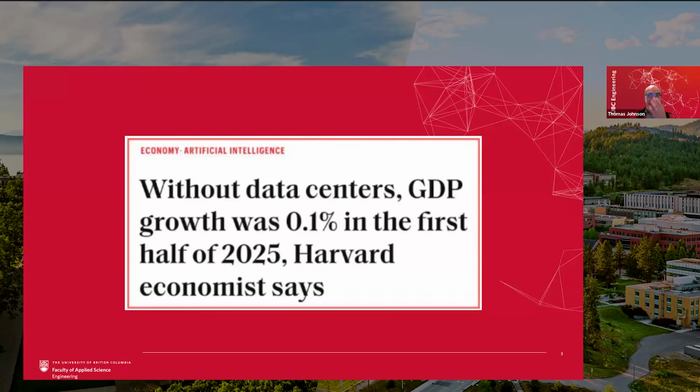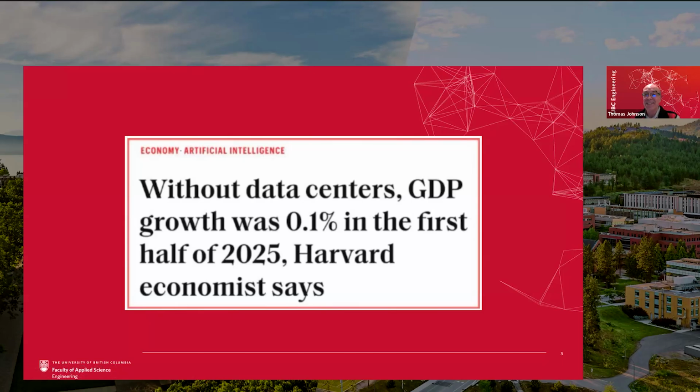More recently, here's another news clip that Sudeep found that related to the GDP of the United States. And what's very interesting here is without data centers, the GDP growth of the United States would be at 0.1% for the first half of 2025.